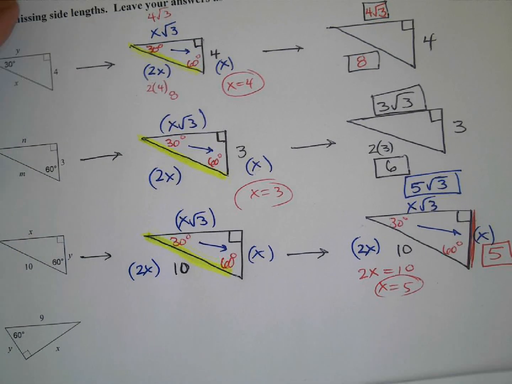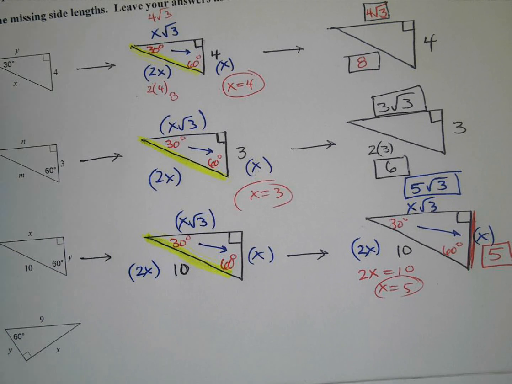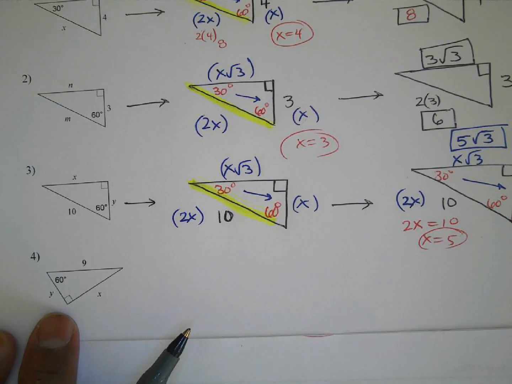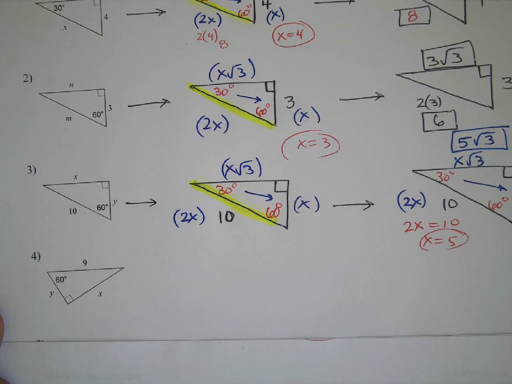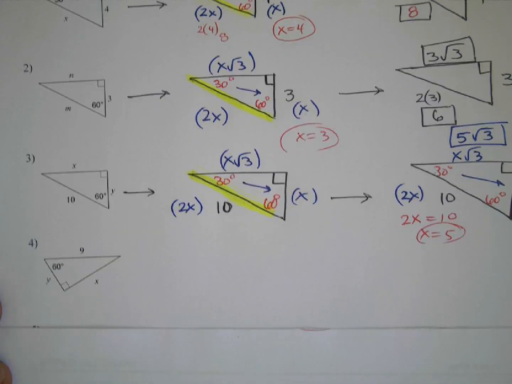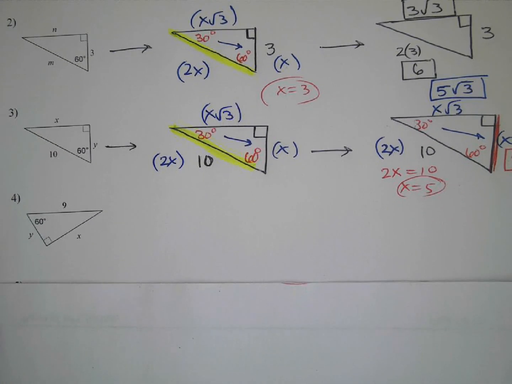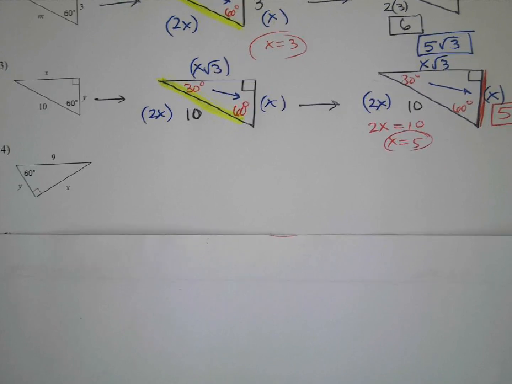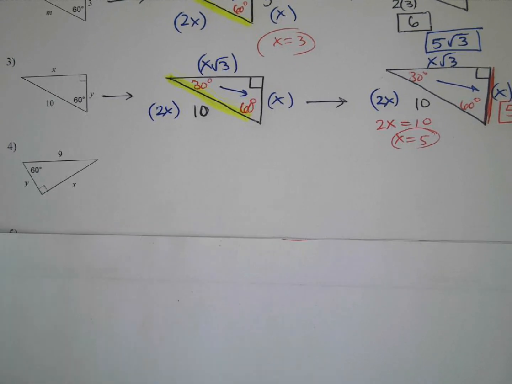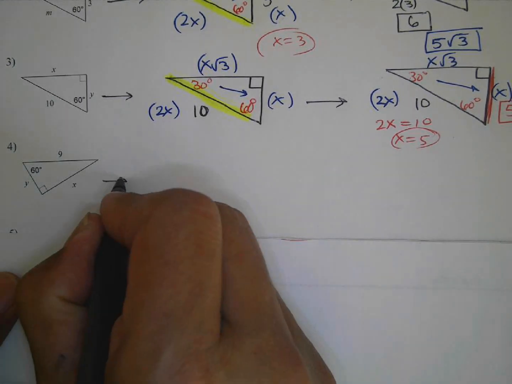Okay, another one. Again, here now they're rotating the triangle. We got a different orientation. Okay, pause the video, copy this. And then when you're ready, continue. Okay, number 4.